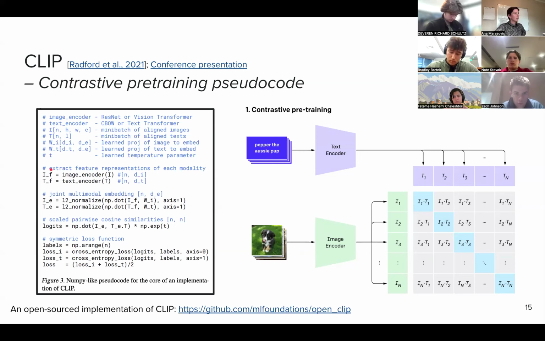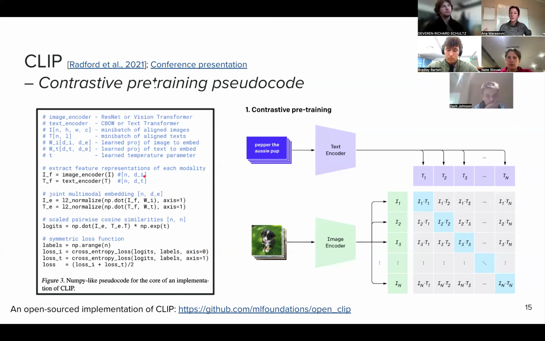Okay, so let's see. The first step is going to be to take our images, which we have as a 4D tensor, and transform them into a 2D tensor where we have N, again standing for N images, but now every image, instead of being a 3D tensor, is a vector of size di. So basically, turn each one of the images into a single vector. And similarly with text, go from L tokens for each text into a single vector of dimension dt.